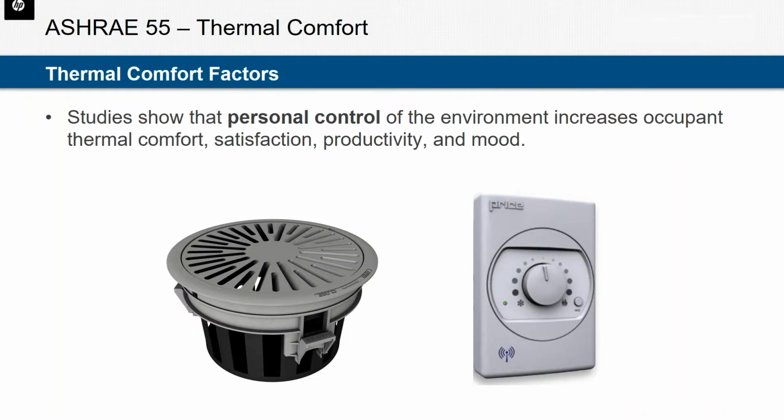The way I like to think of it is, when we're driving our cars, we have our air conditioning in the car, and sometimes you just want it to be really warm, or sometimes you just want the AC on full blast, and whatever you choose might not fall within what ASHRAE Standard 55 would recommend, but it's your choice, and since it's what you want to do, you're comfortable with it. That's effectively what's happening.